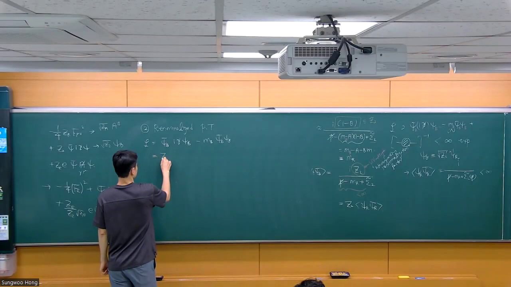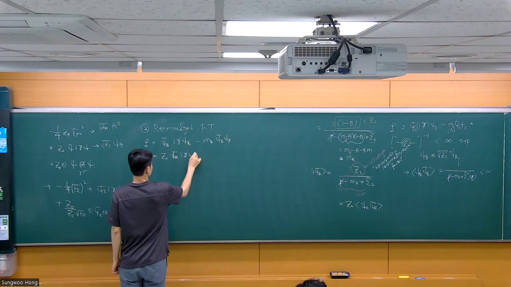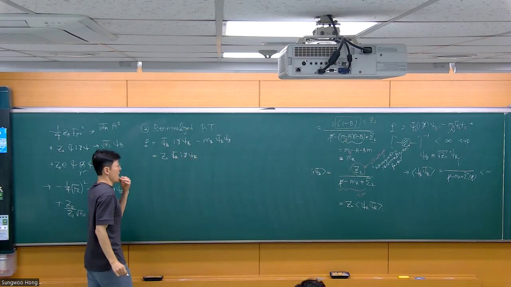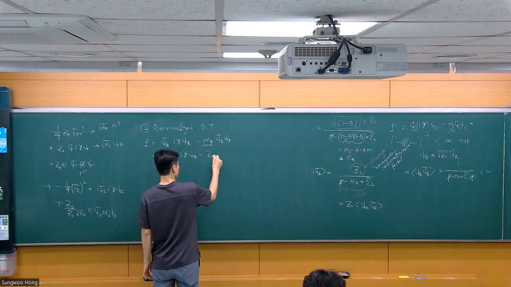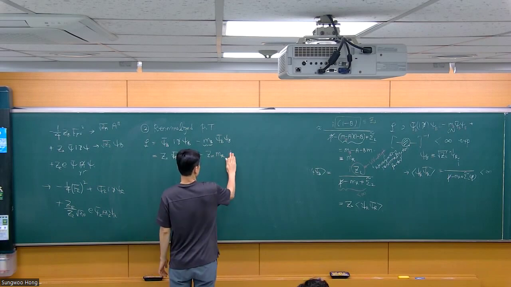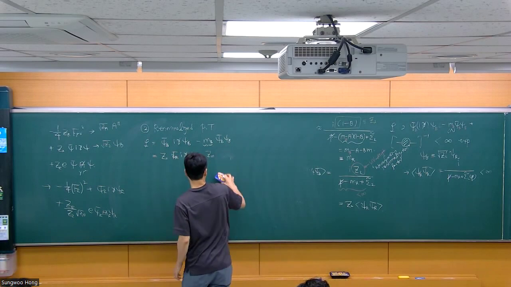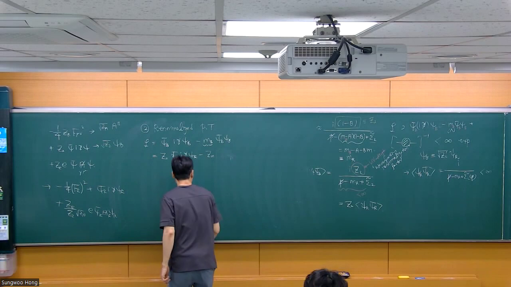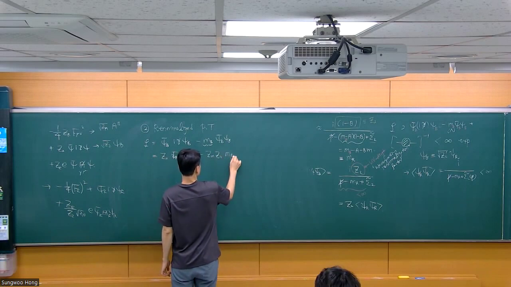So that becomes Z2 times this. And I'm also going to write my bare mass parameter in terms of a scaling factor and then the renormalized mass. Because I also have a field, this will have a scaling factor as well, renormalized.